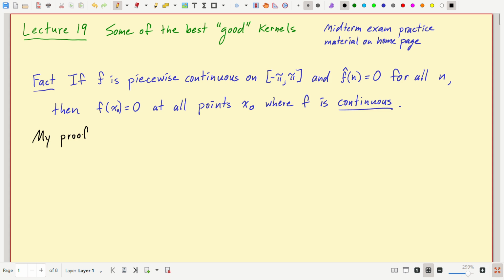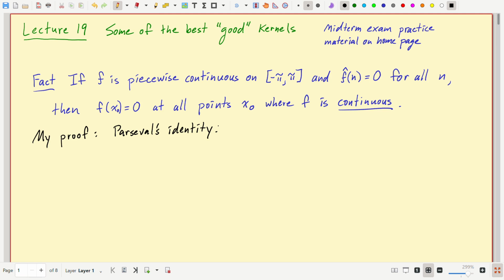My proof uses Parseval's theorem, which we worked hard to get. Parseval's identity holds for piecewise continuous functions.